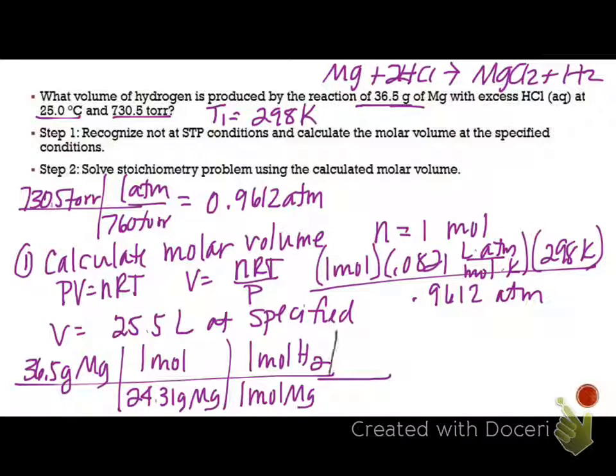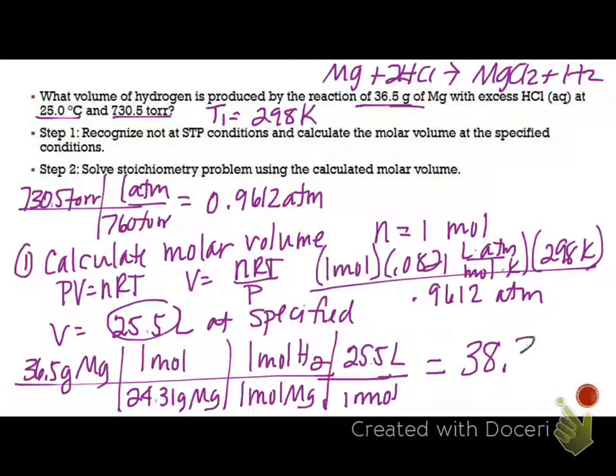And this time, instead of using the 22.4, because we're not at STP, we're going to use what we calculated here. So we would do 25.5 liters per mole. Then we calculate that, multiplying the top, dividing by the bottom, and it's 38.3 liters of hydrogen gas. So that would be that answer. And that's the end of this lesson, and we only have one more for this unit.